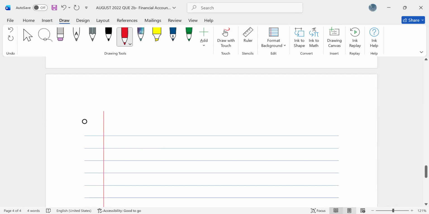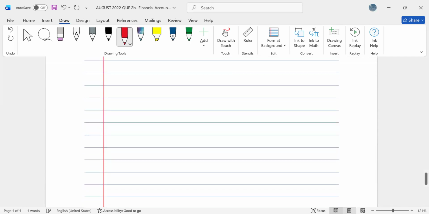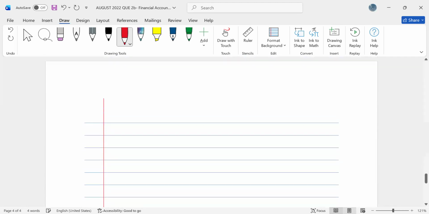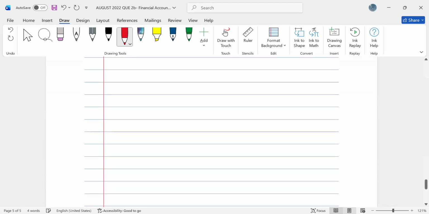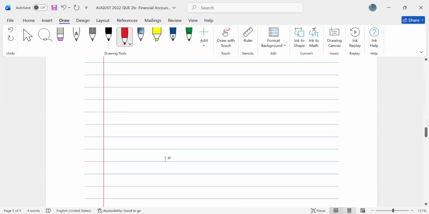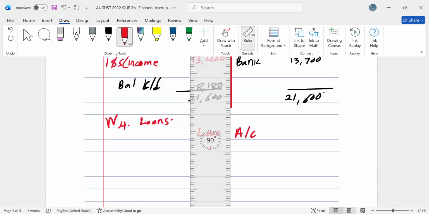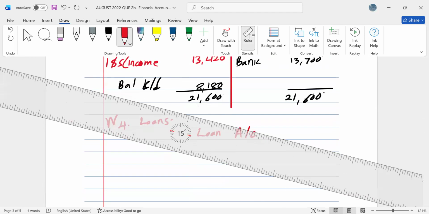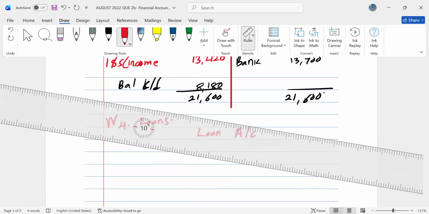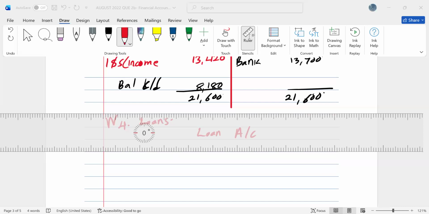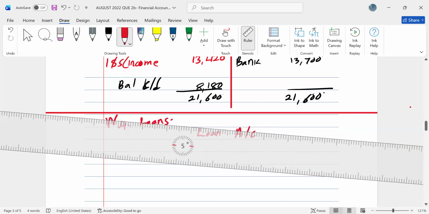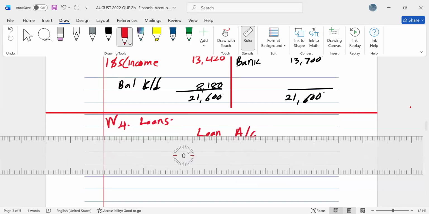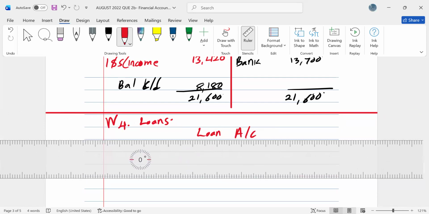I want us to add more pages. Okay. So we can have our loan account.